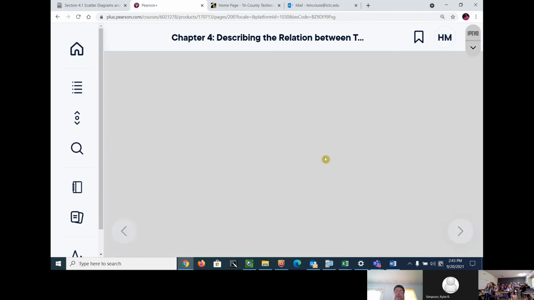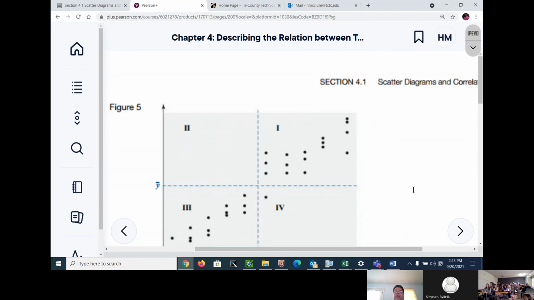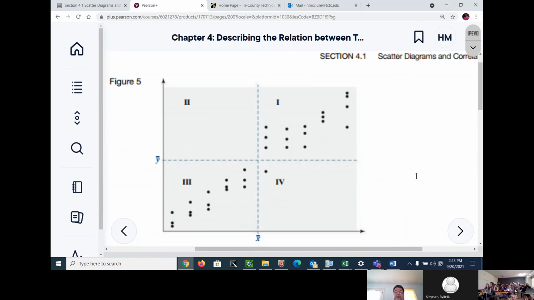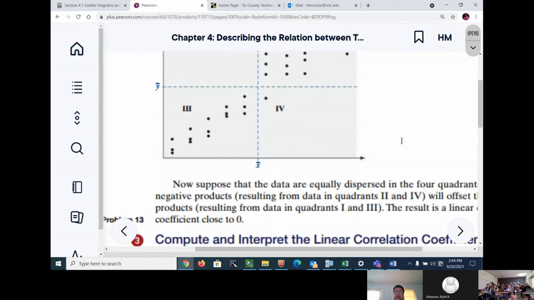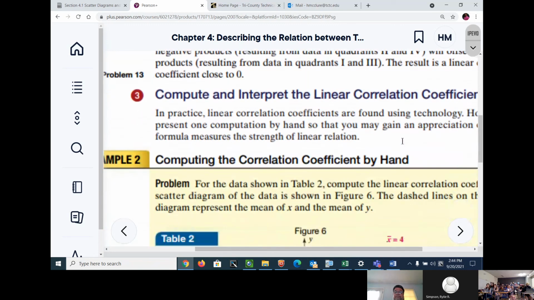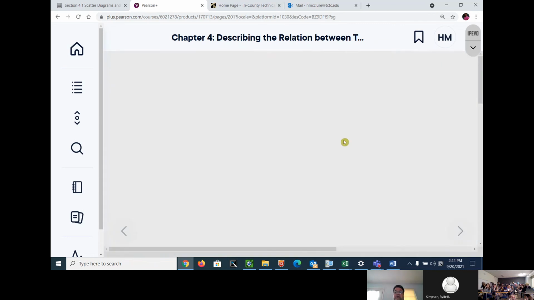Let's see what else is on the agenda. This right here is just showing you how to see a pattern. I'm not going to go through that too much because most people know how to see a pattern. That's left to right up. That's how they compute the correlation coefficient. We're not going to do that.